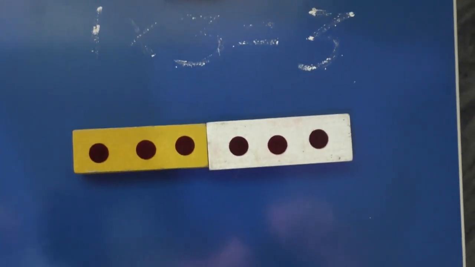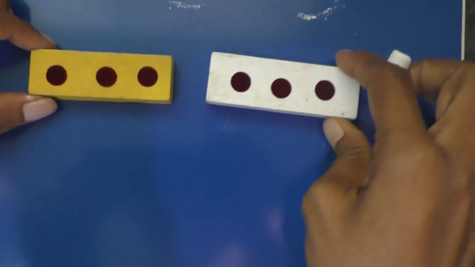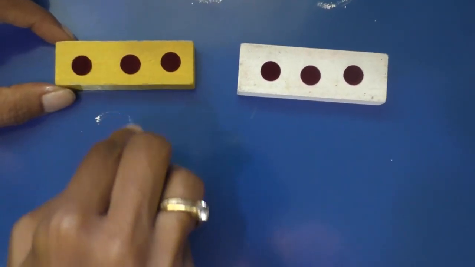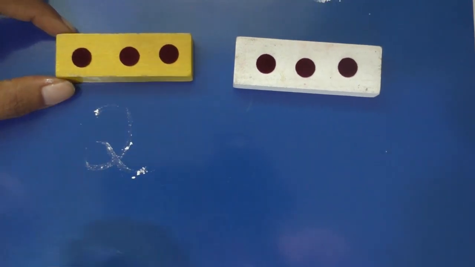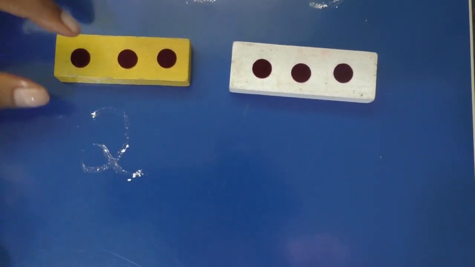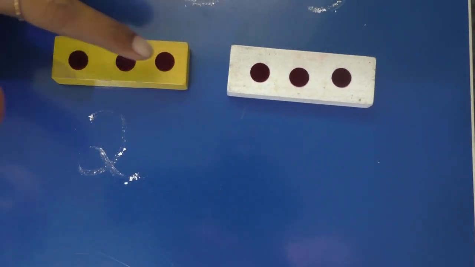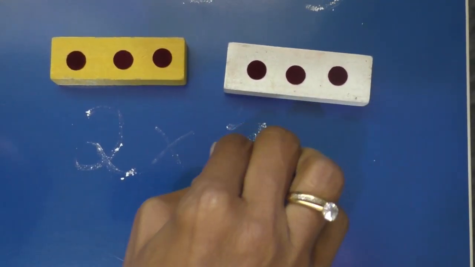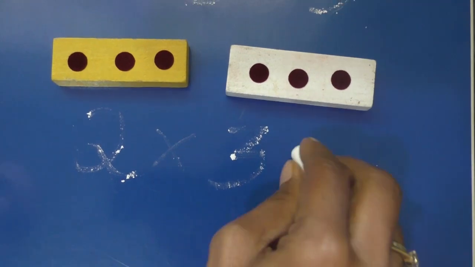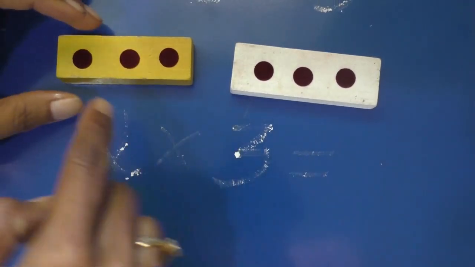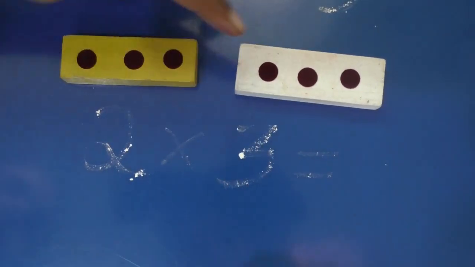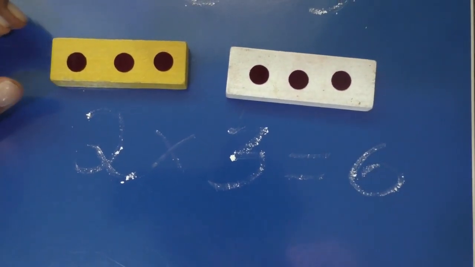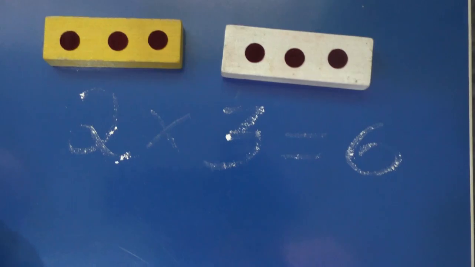Next, you can see we have 2 blocks, that is 2 groups. So we'll write 2. Next, how many dots in each block? 1, 2 and 3. So 3 dots. So how much would it be? 2 into 3. 1, 2, 3, 4, 5 and 6. So the answer would be 6.